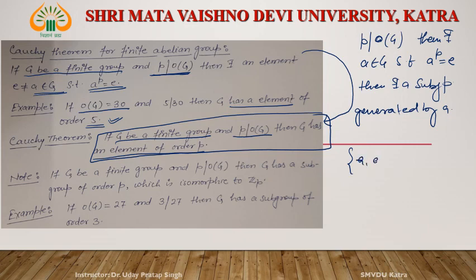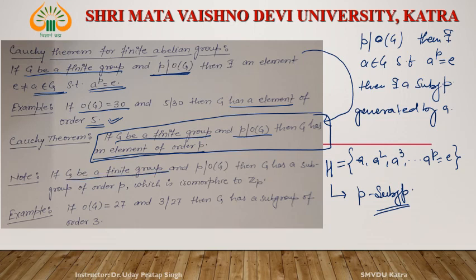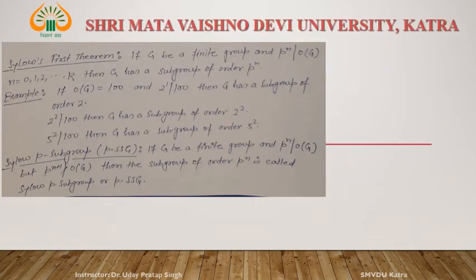A square, A cube, and so on, A to the power P, this is identity. And this one is a subgroup, and this subgroup is known as a P subgroup. See, G be a finite group, P divides the order of G, then G has a subgroup of order P. See the example. If the order of G is 27, 3 divides 27, then G has a subgroup of order 3.